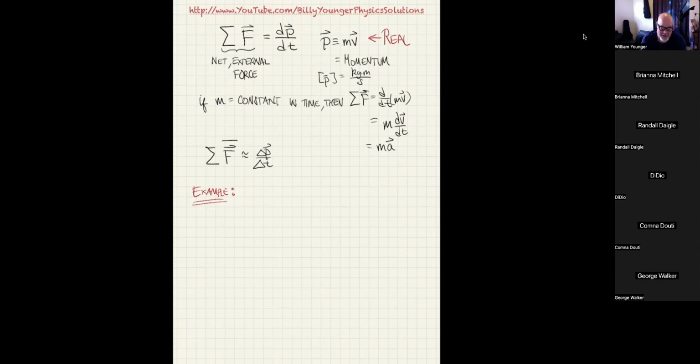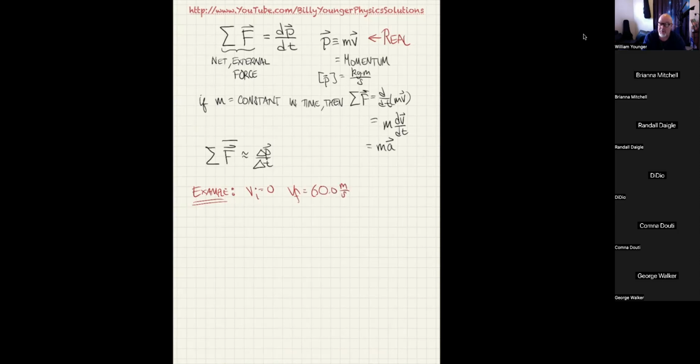So that's a little bit dated, but what I'm going to tell you is that when you hit a tennis ball, it's pretty reasonable to assume that the initial velocity of the tennis ball is 0, and that the final velocity is, let's go ahead and say, 60.0 meters per second.